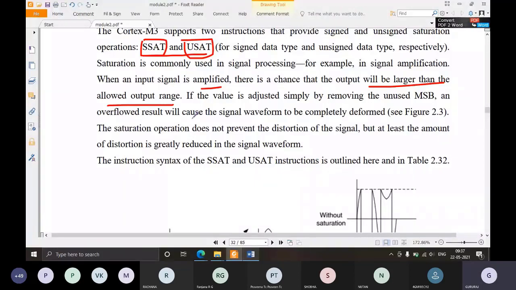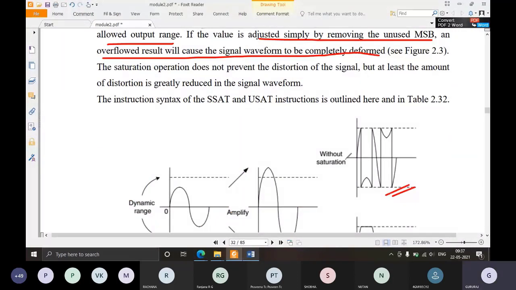If the value is adjusted simply by removing the unused MSB, an overflowed result will cause the signal waveform to be completely deformed. That is what we can see in the waveform here. Without saturation, after the maximum positive value is achieved, if another positive value is to be represented, it would come somewhere here, but that cannot be represented using the number of bits we have chosen, which in our example was 4 bits.